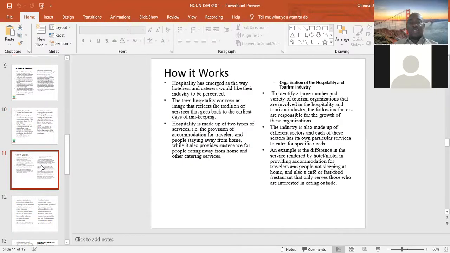How all these function, we identified two major facts, which is the provision of accommodation and the provision of the catering, that is the food.